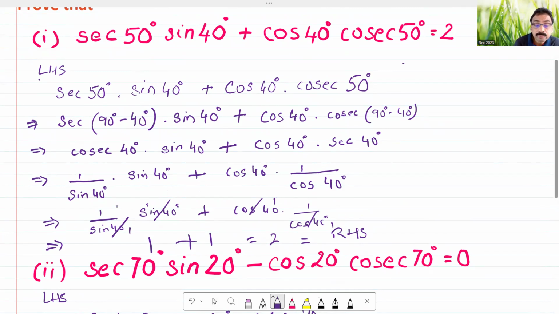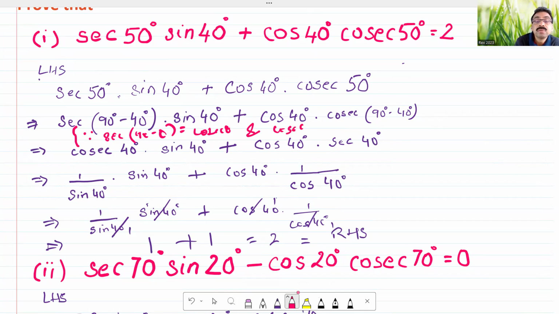In the previous question also, you would have to write the reason: since sec 90 minus theta is equal to cosec theta, and cosec 90 minus theta is equal to sec theta.